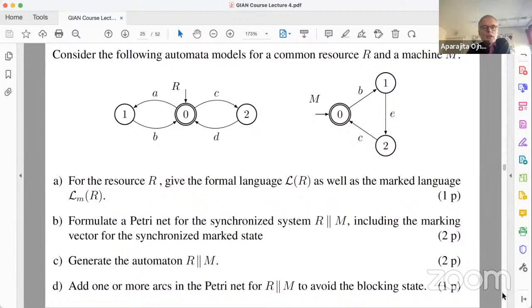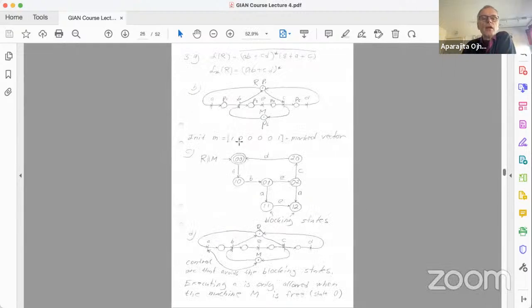So remember, once again, it was C and B that are synchronized. And then we can see here that the resource R can be either in its idle state or make an A and then synchronize with the event B with the machine M and then go back.